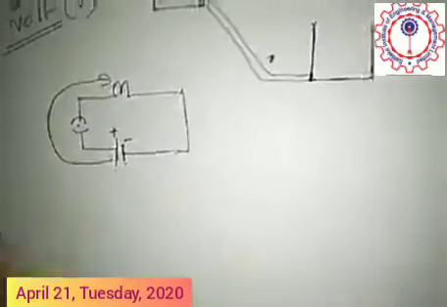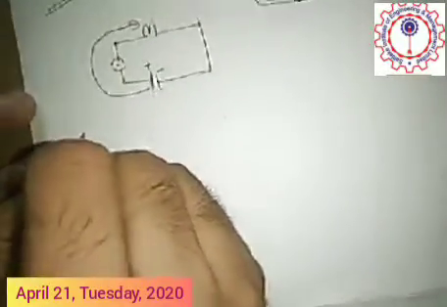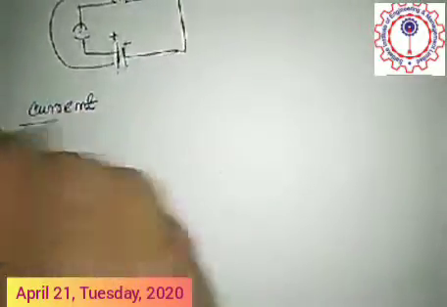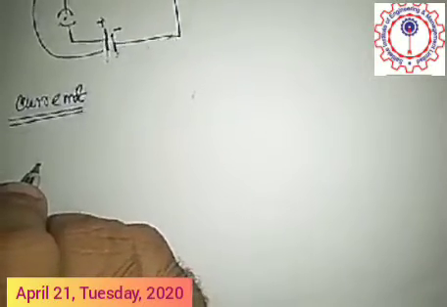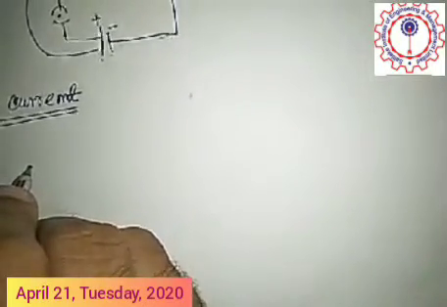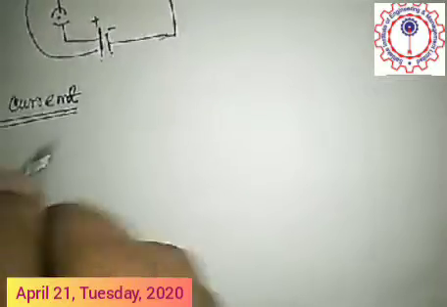Now I will discuss another topic. This is the current. What is current? Basically, the flow of free electrons within an electrical circuit is called the current. In the previous diagram I also discussed this.